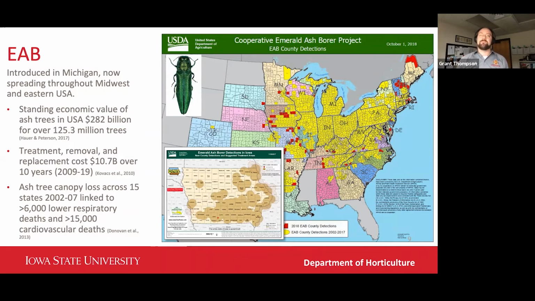So certainly it's not just the trees, there's major impacts on human health, municipal budgets, and so on. And emerald ash borer is just one of a number of different problems. We had Dutch elm disease before that. And so this is one of those reasons why it really matters what our urban forest, both the public and the private, is comprised of.